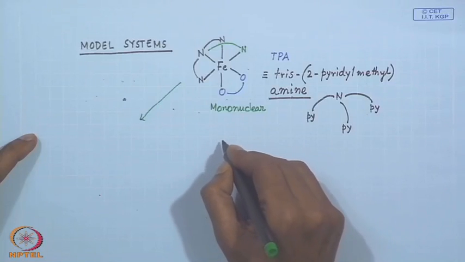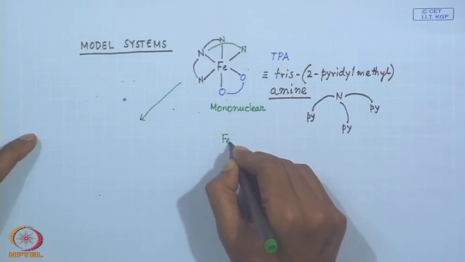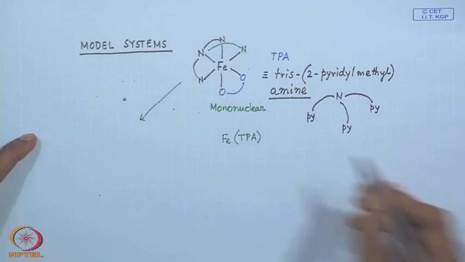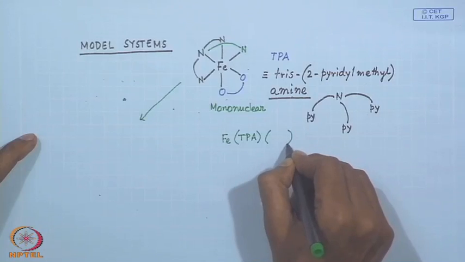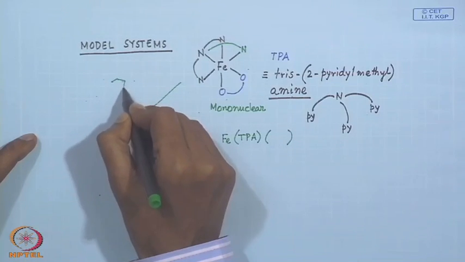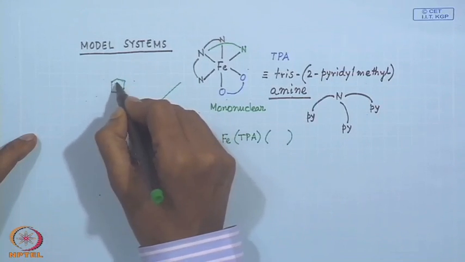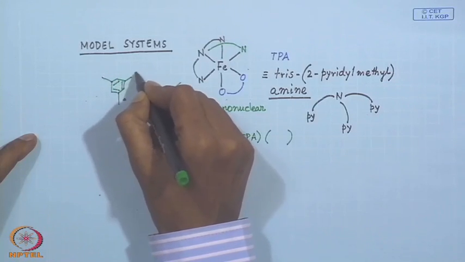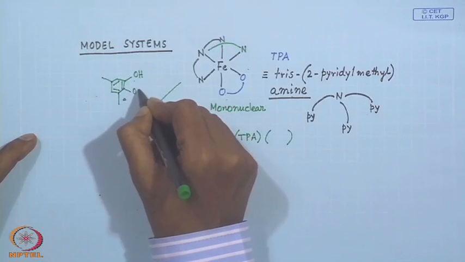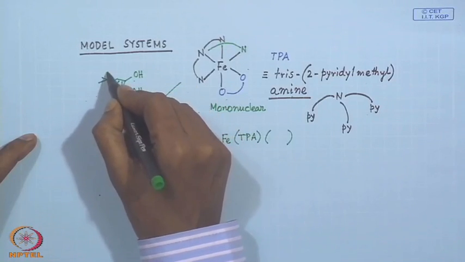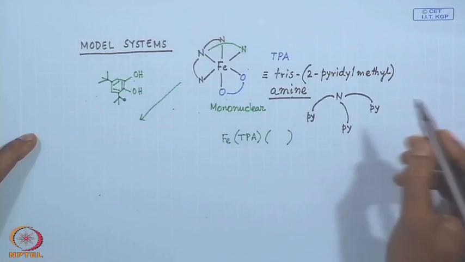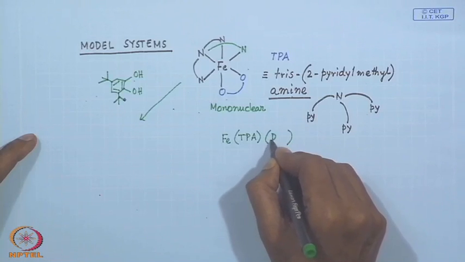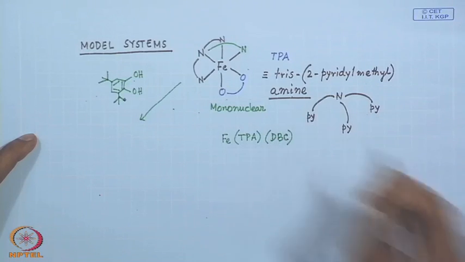The compound we can synthesize from here is Fe(TPA), which is a tetradentate ligand, and your substrate is ditertiary butyl catechol, DBC.